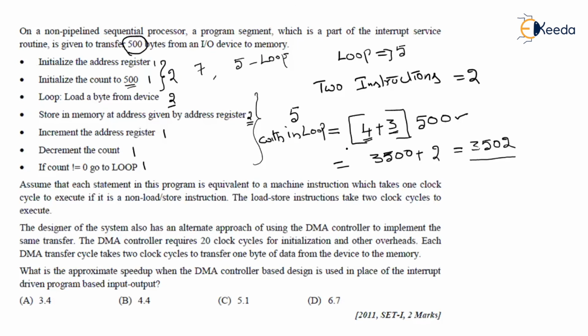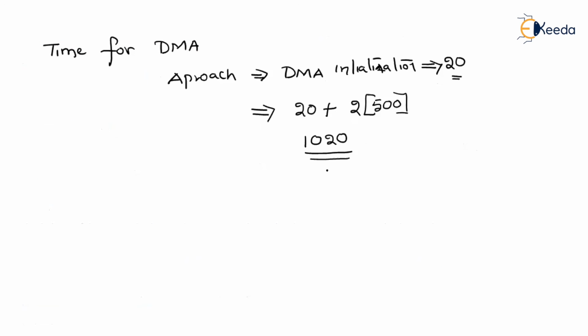The question is, what is the approximate speed up when the DMA controller based design is used in place of interrupt driven program based input output? As the program based input output, we are having a total of 3502 clock cycles for executing this program. But DMA just takes 1020.